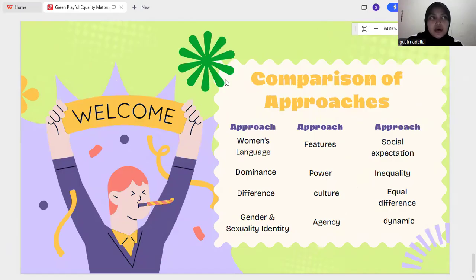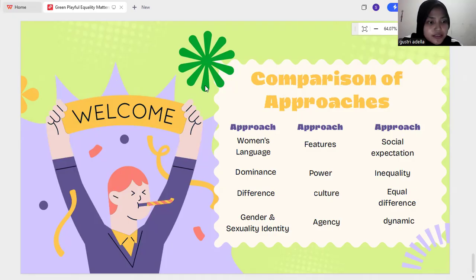So, to summarize our presentation today, here is a comparison of approaches: women's language, dominance, difference, and gender and sexuality identity. To conclude this section, the approaches can be compared as follows. The women's language approach focuses on linguistic features and social expectation.